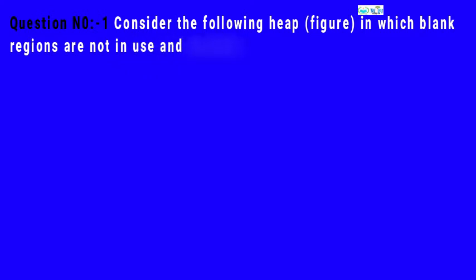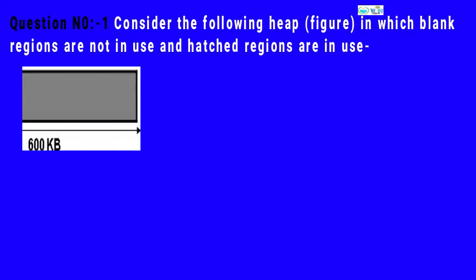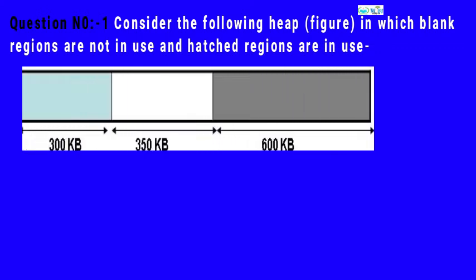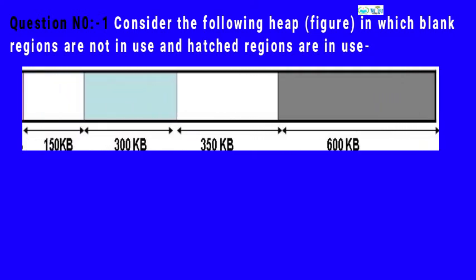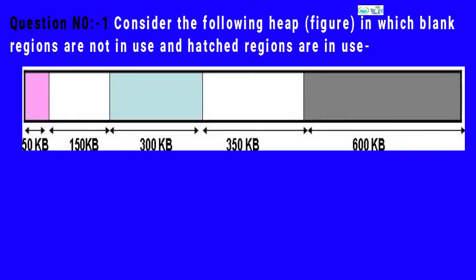In the given figure, you can see that 50, 300 kilobyte and 600 kilobyte are already used, and 150, 350 kilobyte in main memory are not used. The sequence of requests for blocks of size is given: 300 kilobyte, 25 kilobyte, 125 kilobyte, 50 kilobyte.